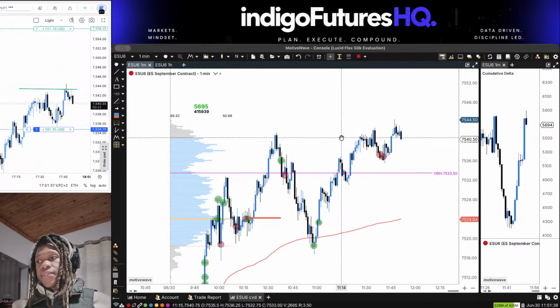540.75. That's the retest of the value area high now.